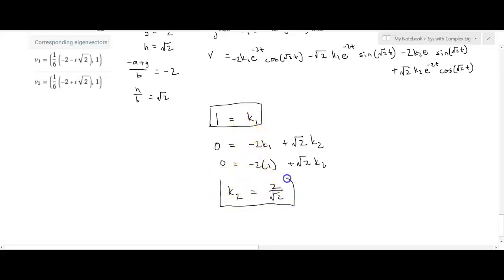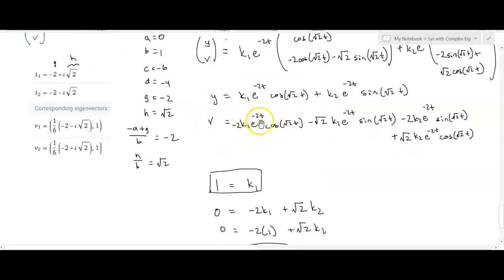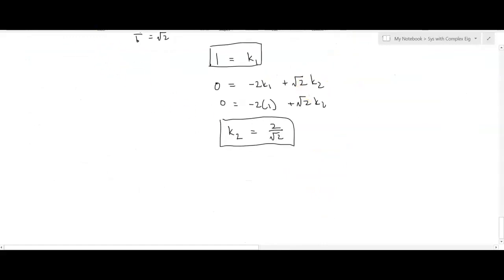Now we don't need the velocity equation, so it's not like we need to deal with v again. This, remember, is just the derivative of y. So you can take the derivative of y and see that you get v as expected. All we really need is the position equation. So this guy here, we're just going to plug in k1 and k2, and we've got our solution.